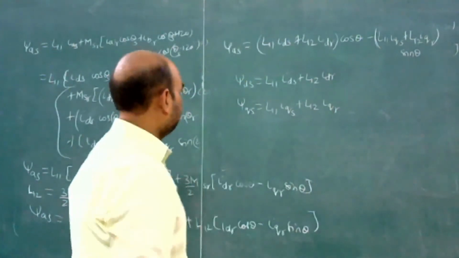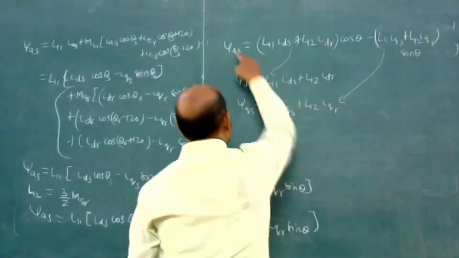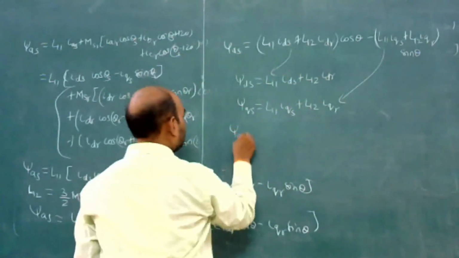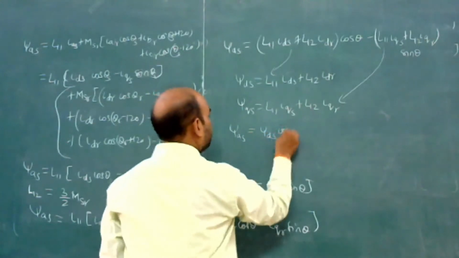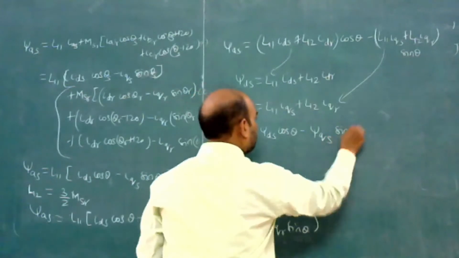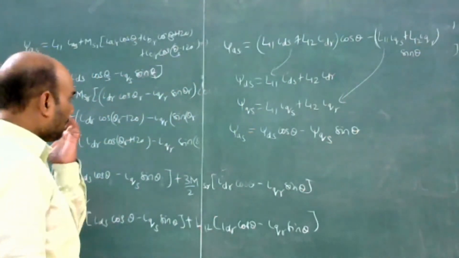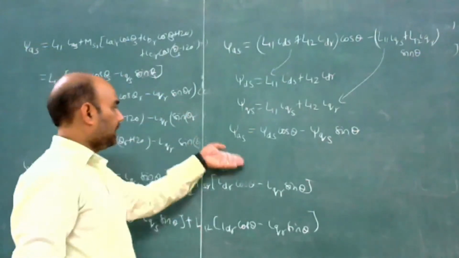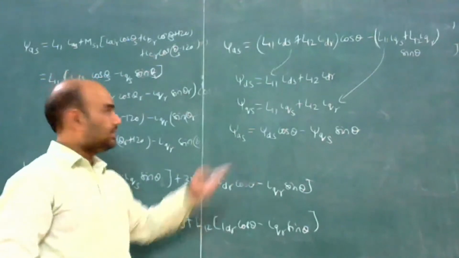Okay. So this psi AS will become psi ds cos theta minus psi QS sin theta. Okay. So similarly, we can write for psi BS and psi CS.